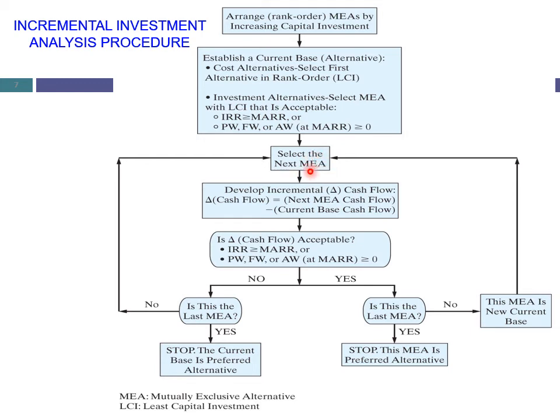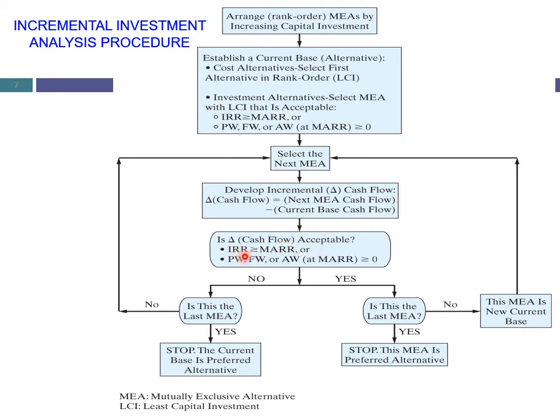Using this next alternative, we develop the incremental cash flow, meaning that for each year, we subtract the cash flow amount of the current base from the next mutually exclusive alternative. For this incremental cash flow, we try to decide if it is acceptable or not.